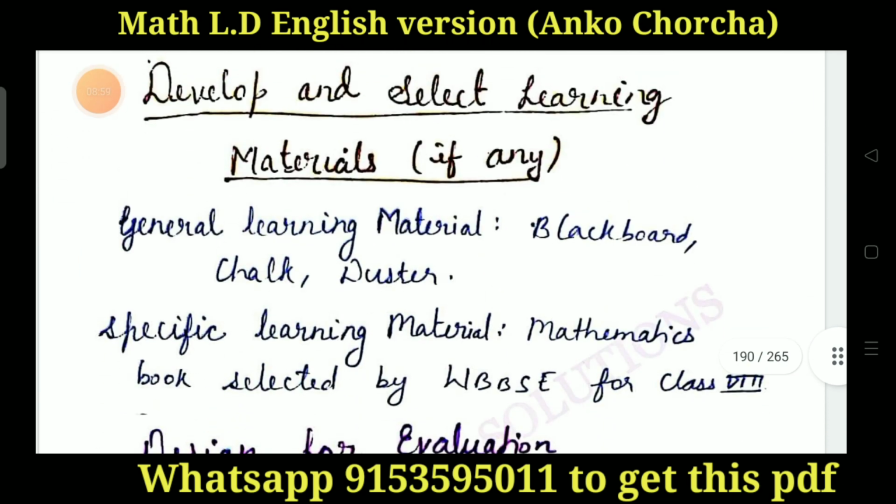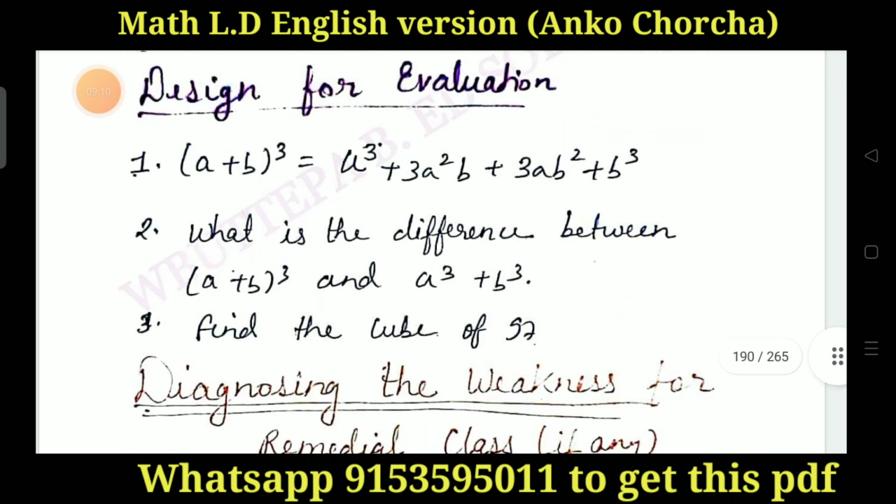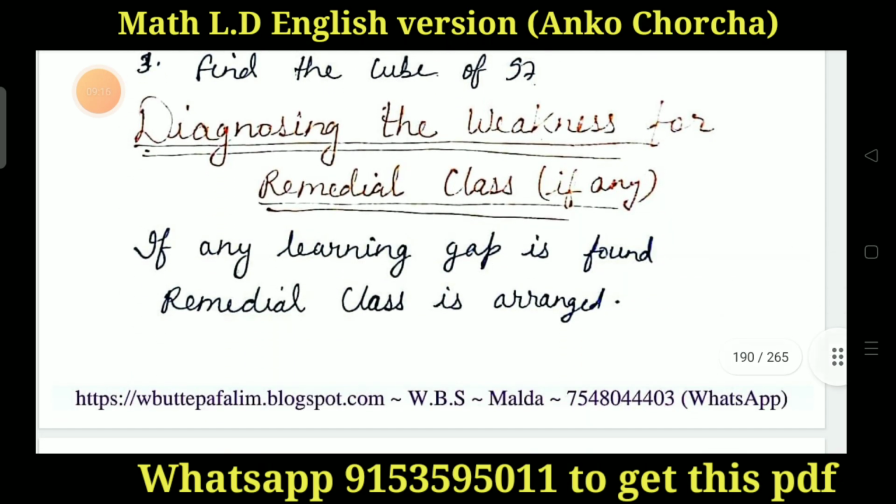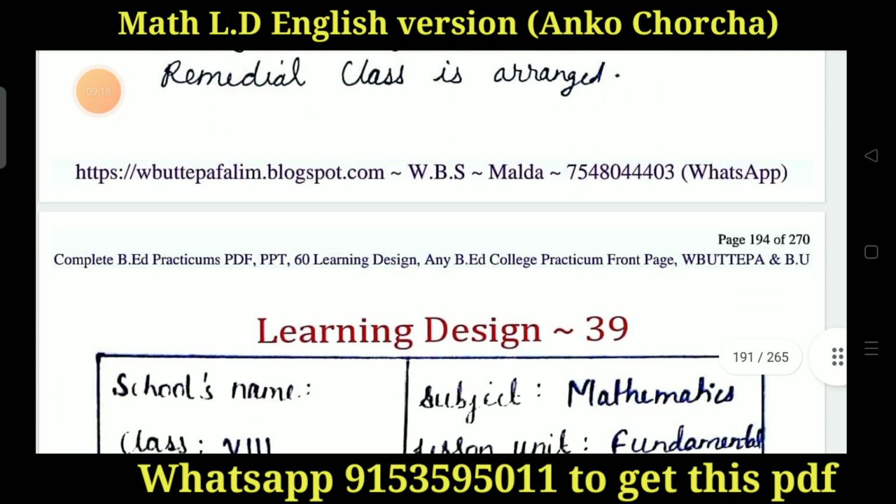Develop and select learning materials, if any: general or specific. General means blackboard, chalk, duster. Specific: mathematics book selected by WBBSE for class 8. Design for evaluation: there are some questions for evaluating. And lastly, diagnosing the weakness for remedial classes, if any.